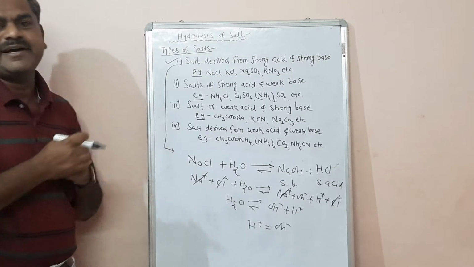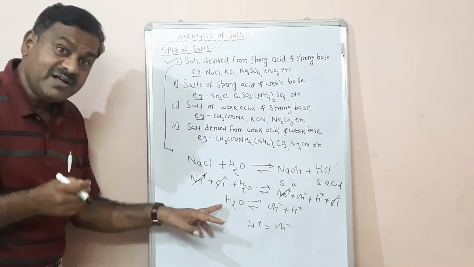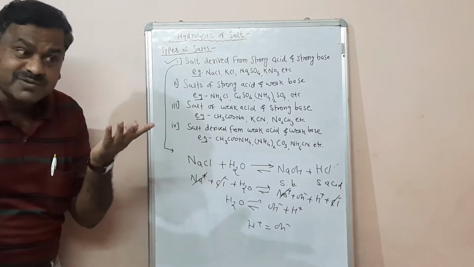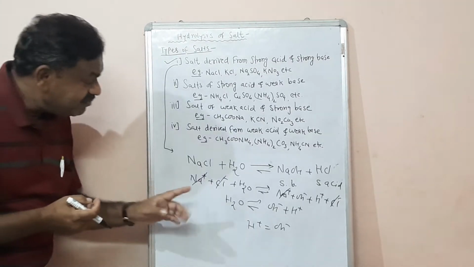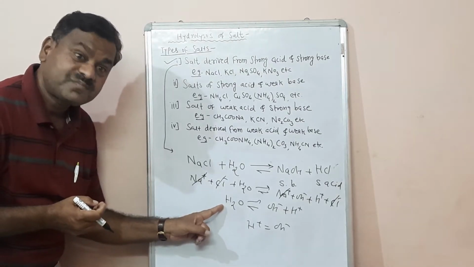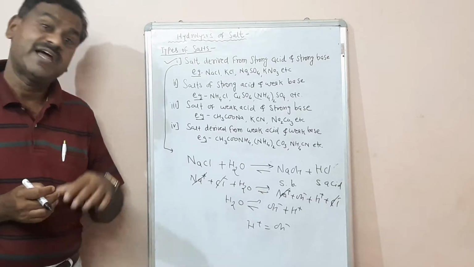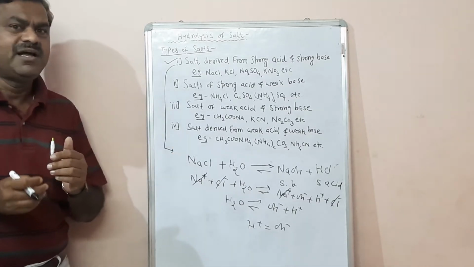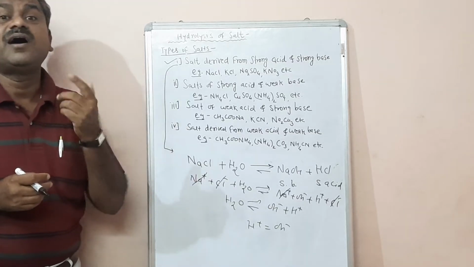But in this salt reaction, there are no cations or anions, only H2O remains. H2O gives OH minus and H plus ions, and according to the definition, it does not combine with the cations and the anions.